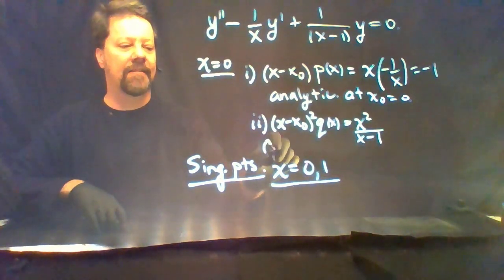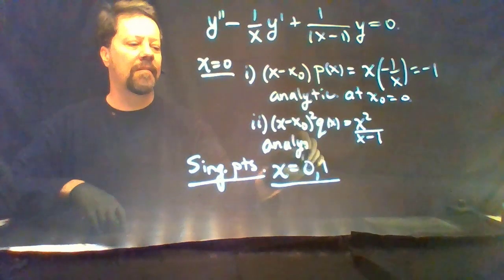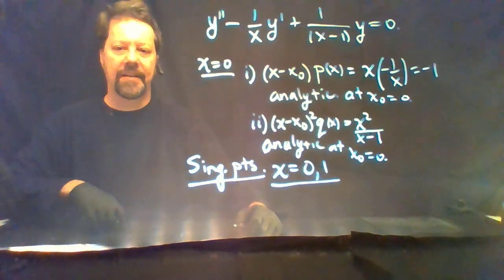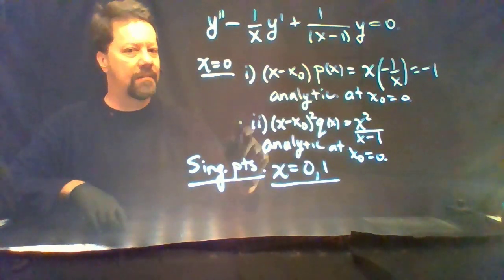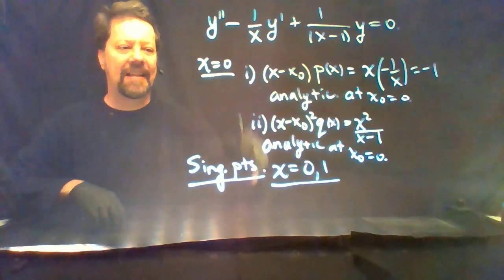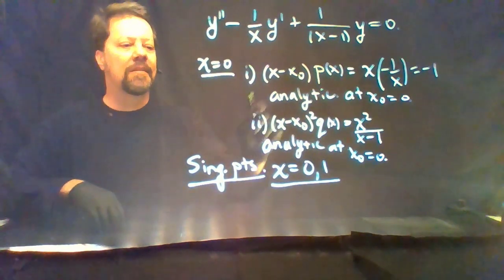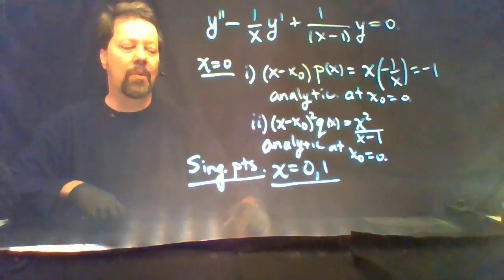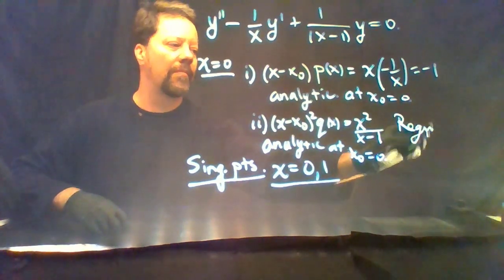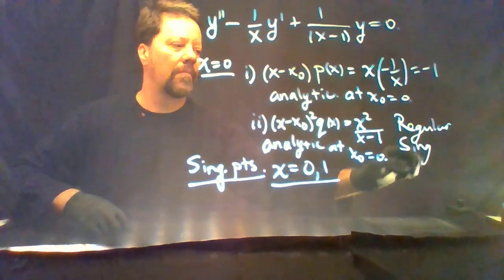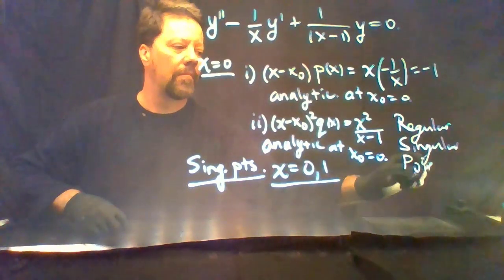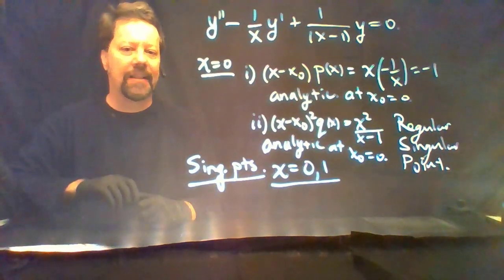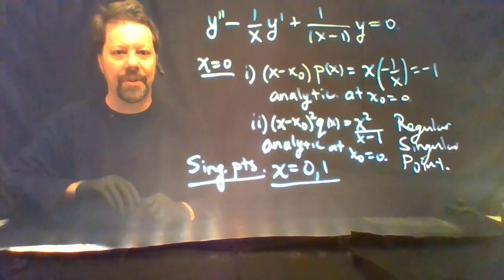This is analytic at 0. Not analytic at 1. There is a singularity at 1, but the analyticity occurs at 0, and hence both of these are analytic at 0. That means this is a regular singular point. By multiplying by these factors, we have increased the regularity of these functions at 0.